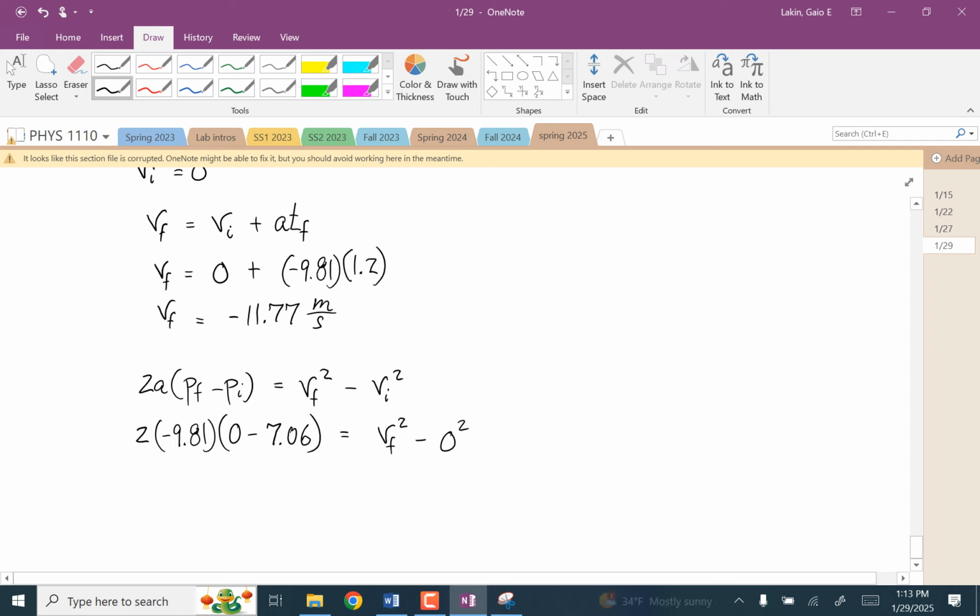And so you get 138.52 is equal to VF squared. And now we're going to take the square root of both sides.